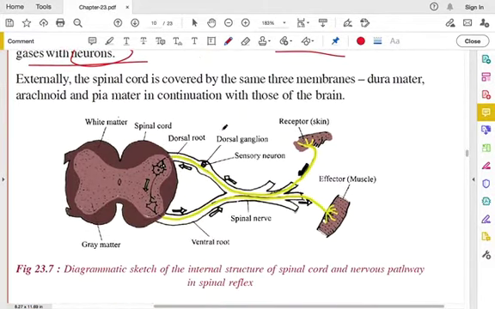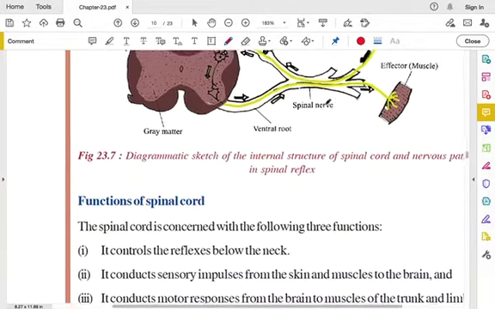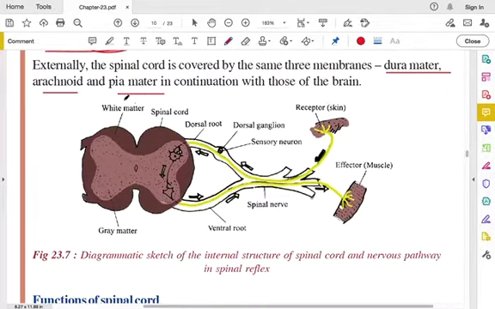Externally, the spinal cord is covered by the same three membranes as in the brain, the meninges: dura mater, arachnoid, and pia mater, in continuation with the brain. Here is a diagrammatic representation, a sketch, of the internal structure of the spinal cord.